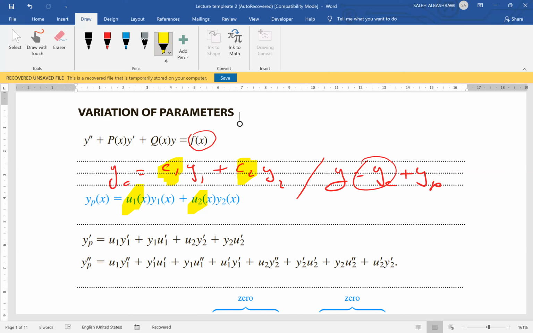This will give me minus 2 e to the power minus 3x. Minus minus will be plus e to the power minus 3x, which is equal to minus e to the power minus 3x. So this is the Wronskian.